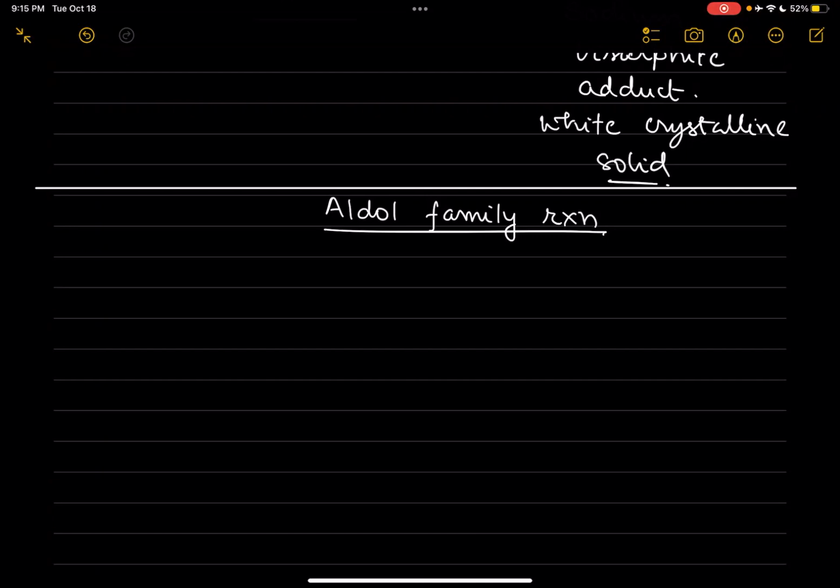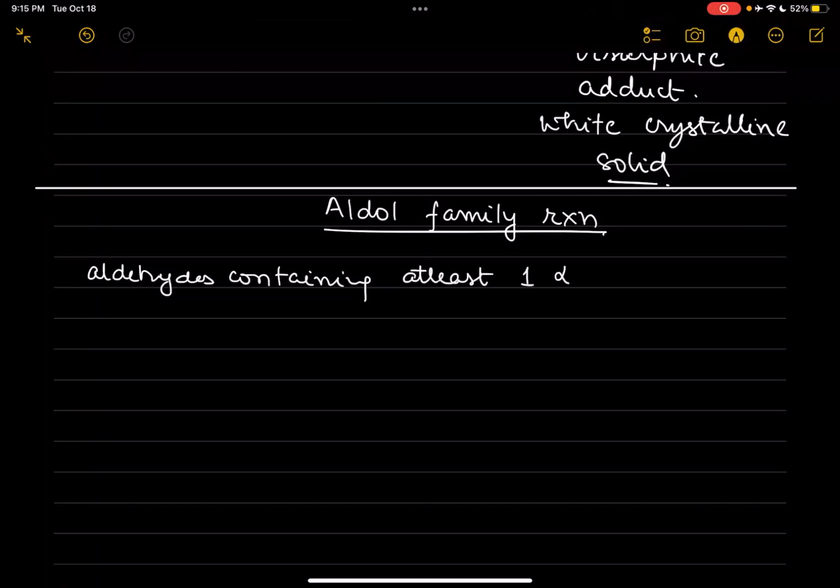Actually, the aldehyde which contains at least one alpha hydrogen. What is alpha hydrogen? Hydrogen attached to the carbon adjacent to the aldehyde carbon. Yeah.